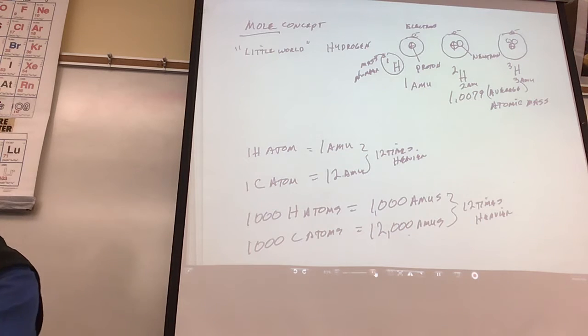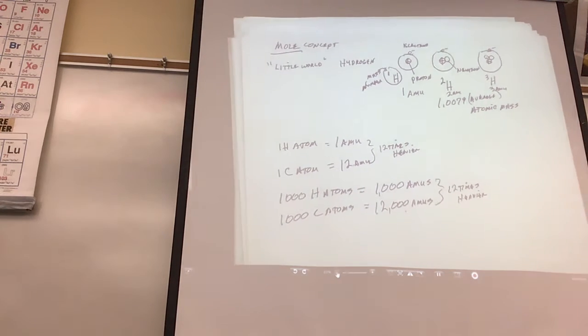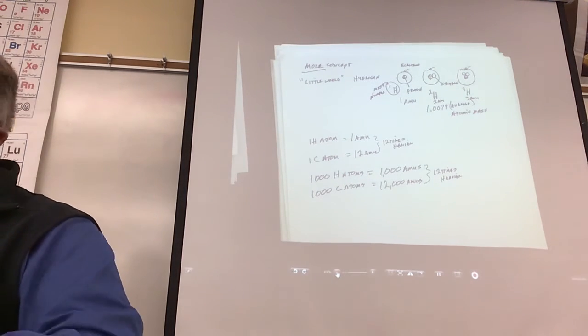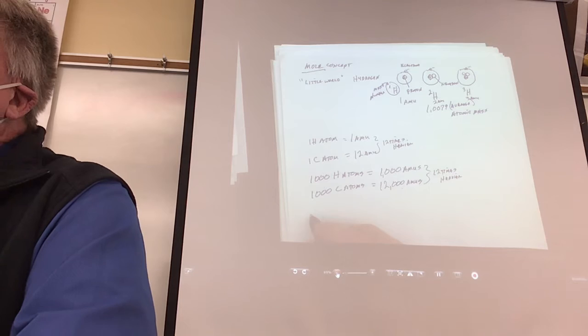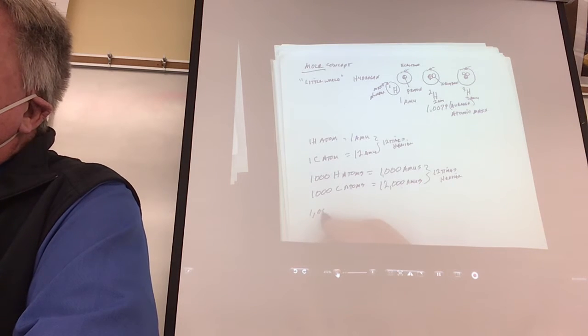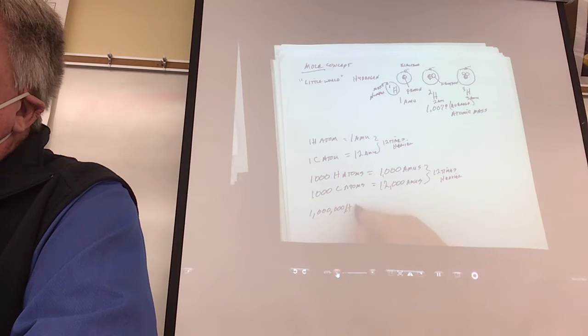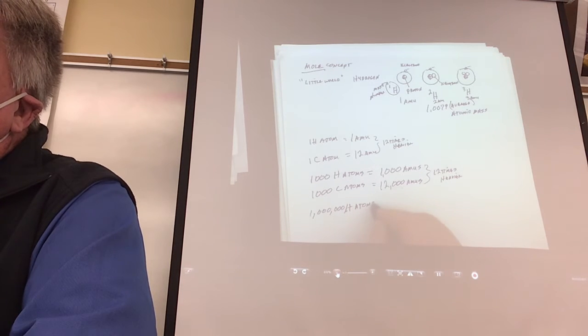You know what? I'm going to take the magnification off here so it'll be better for notes. Okay, you okay on that? Now, what if it was 1,000,000 hydrogen atoms? How much would that weigh?